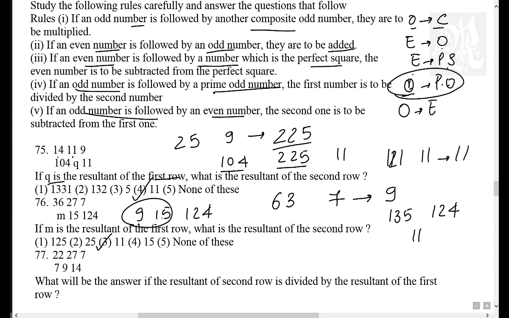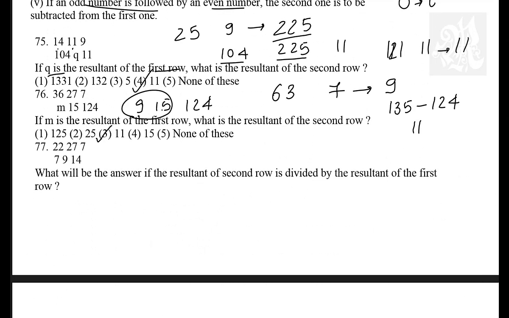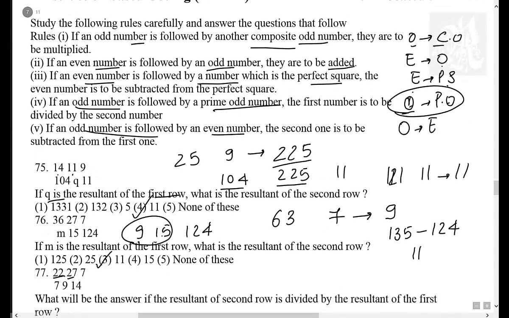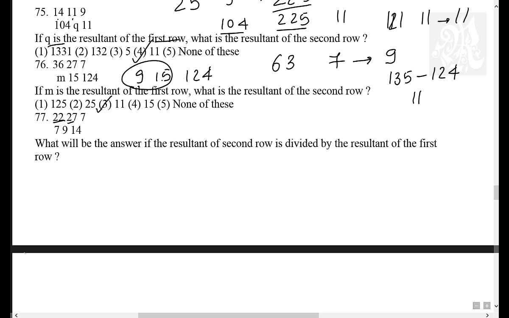You can say odd followed by composite as well. Even followed by odd. What do you do, even followed by odd? Add. What is the answer? 49. 49 and 7 is odd followed by prime odd. Divide. 7. 7, 9, 14. 7 and 9. What is 7 and 9?